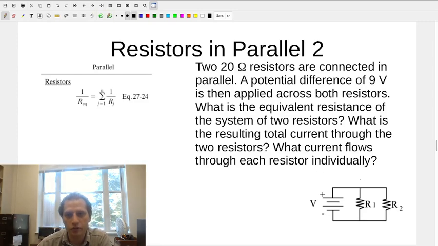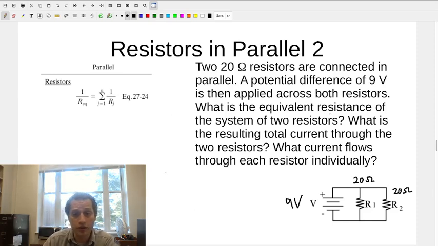Again, I've sort of dropped the ball because I made them both 20 ohm resistors, but that's okay. So there's a 20 ohm resistor, another 20 ohm resistor. It says a potential difference of 9 volts is applied across. What is the equivalent resistance of the system of two resistors?